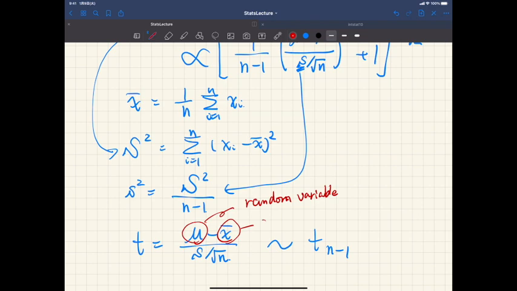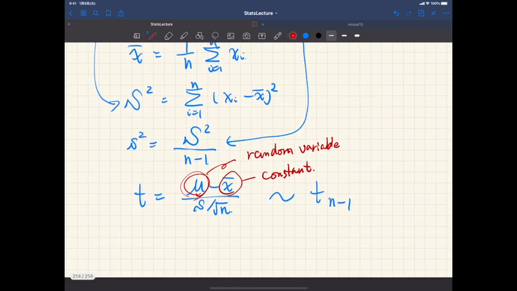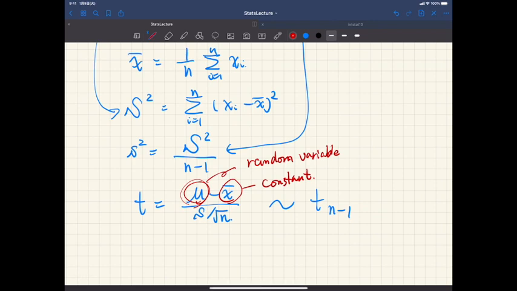But this is a constant. Okay, this constant is calculated from the data. But this mu is the random variable in this case. But if you compare this with the t-test, in the ordinary t-test, which compares the difference between the sample mean and some constant, so some hypothetical, our hypothesis, of the mean, in that case this x bar was supposed to be the random variable.